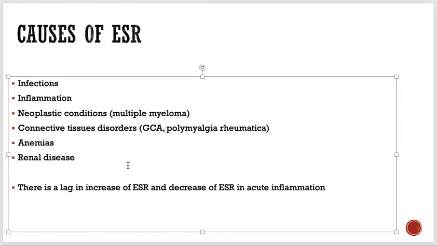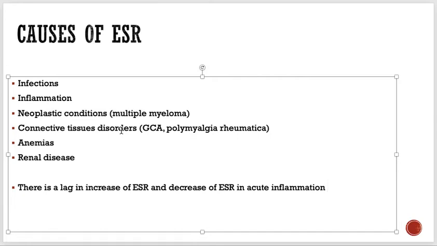Okay, so I told you temporal arteritis or GCA, giant cell arteritis, they are the names of the same thing, or polymyalgia rheumatica, or multiple myeloma, or any other connective tissue diseases or rheumatological conditions like SLE or rheumatoid arthritis, the ESR is highly, highly, highly raised.